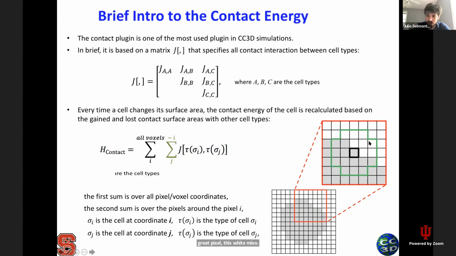So you do this for all the pairs between the central pixel and the pixels around it. Then you do it again for the next one, and the next one, and the next one. And then you sum all of this, and you see how much your energy changed.